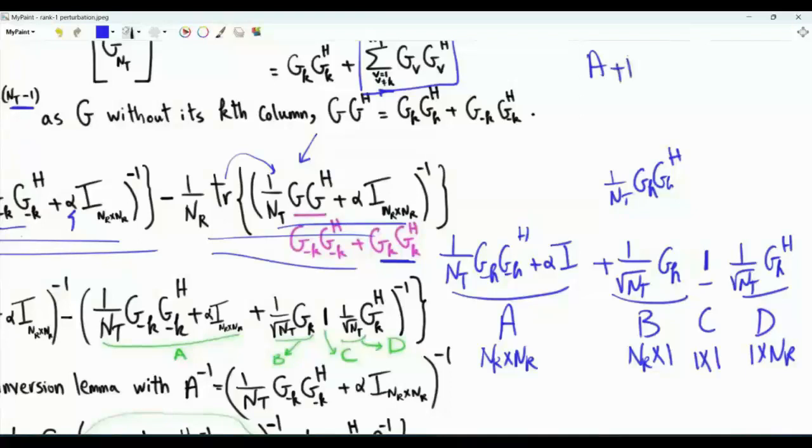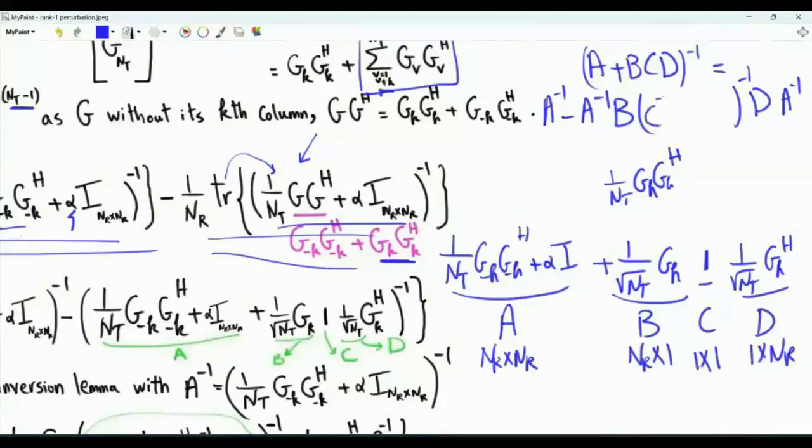We apply the matrix inversion lemma, which states that (A plus BCD) inverse is equal to A inverse minus A inverse B, then the inverse of the matrix C inverse plus D A inverse B, then D A inverse.